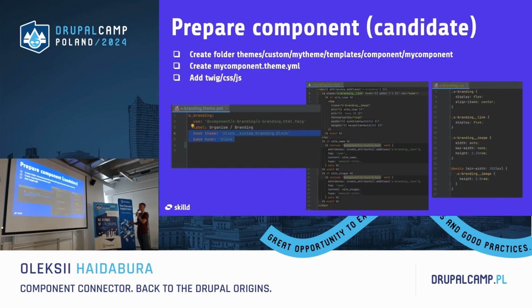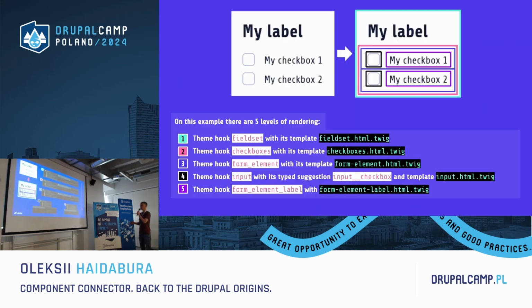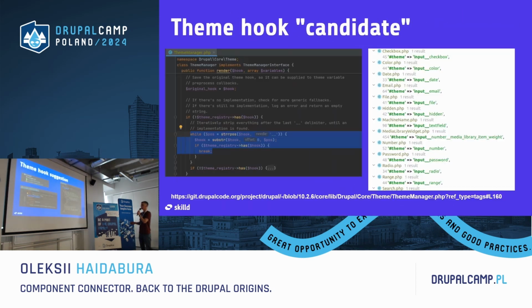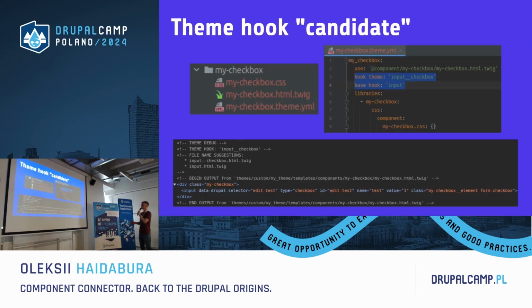That's one thing. And another thing, if you are talking about candidate, it's more like extending existing. So you need to choose. You have an existing component which needs to be changed a bit. Then you may use this candidate, like adding, I don't know, classes, CSS, something else inside Twig.